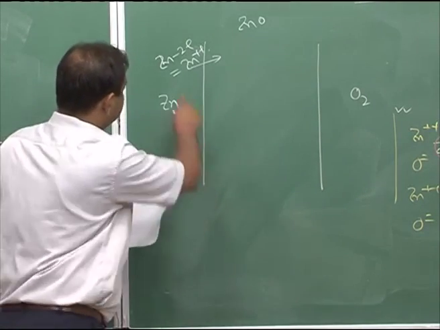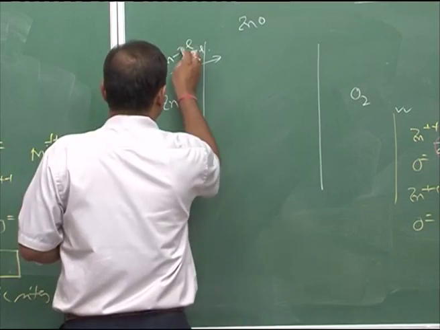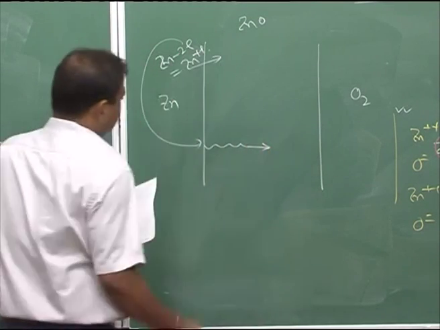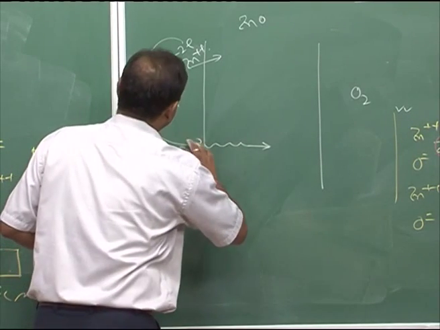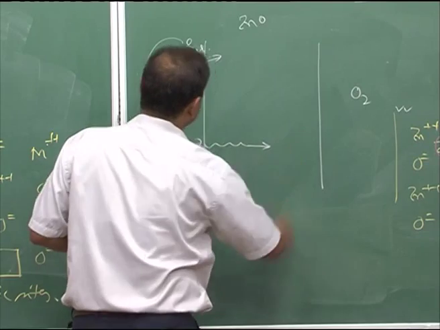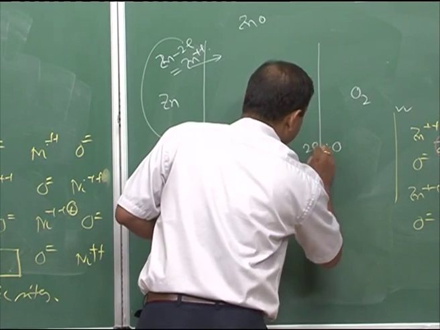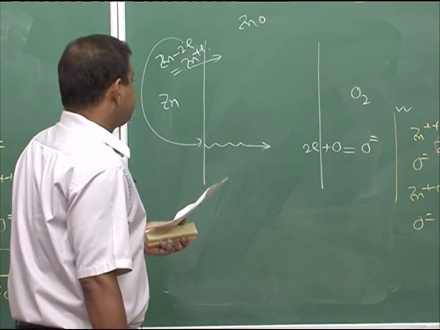Then the 2 electrons go through electronic conduction to the other side, and oxygen will accept 2 electrons and convert to oxygen 2 minus, which is the cathodic reaction.